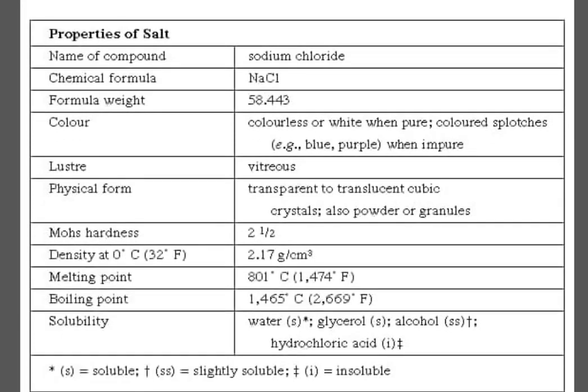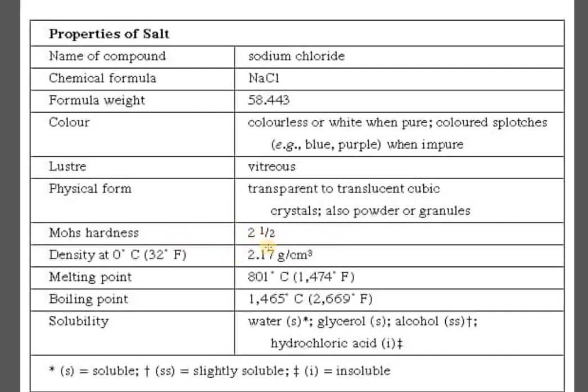Now in this table you are able to see certain information related to sodium chloride only. Here you can see the name of the compound, its chemical formula, its formula weight, which is the molecular mass actually, the color, which is colorless or white in the pure form, then its luster, which is vitreous, then the physical form, which can be transparent to translucent cubic crystals, also powder or granules.